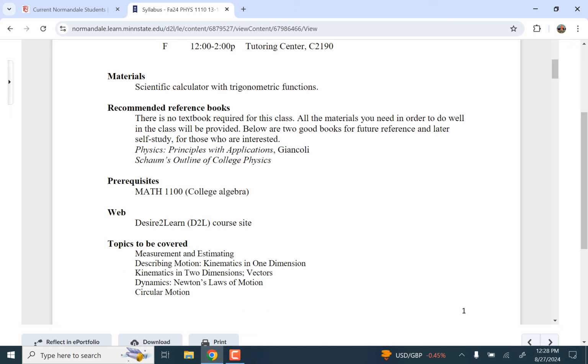The prerequisite for this class is college algebra. Colleges tend to have college algebra. It's somewhere in the vicinity of equivalent to what high schools call Algebra 2 trigonometry and what high schools call pre-calculus, so somewhere around there.